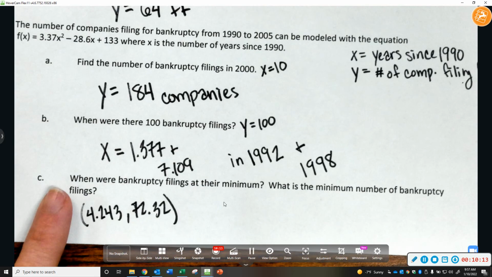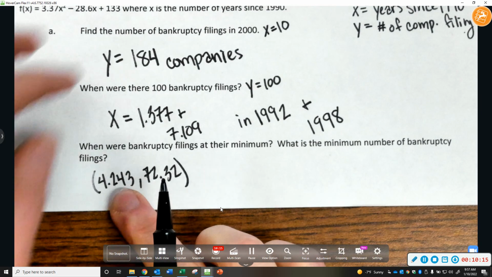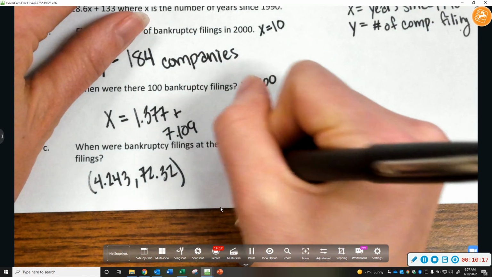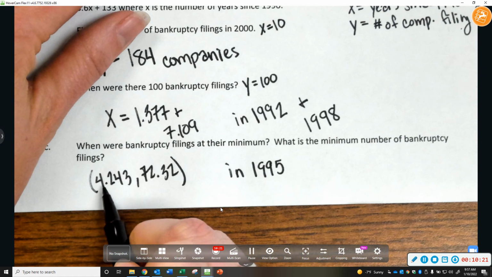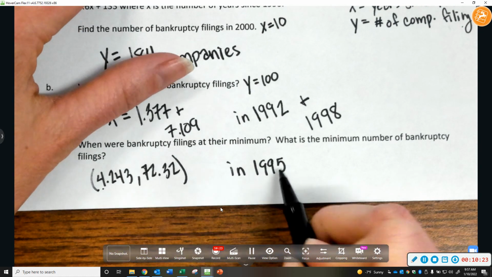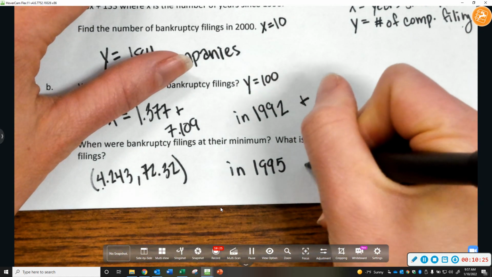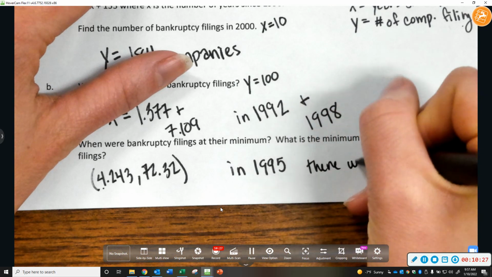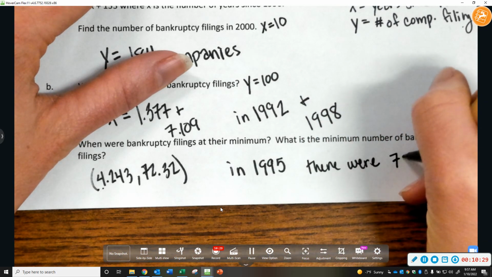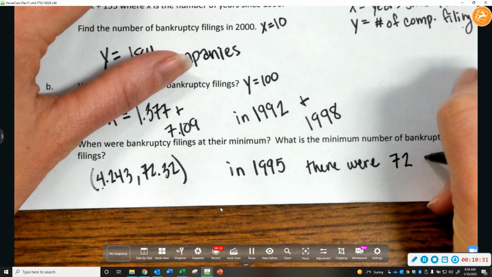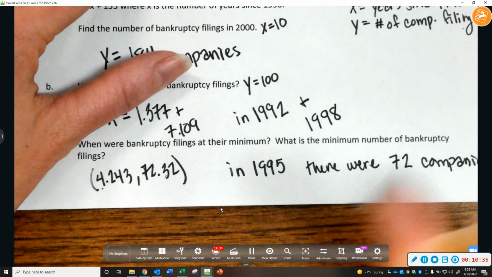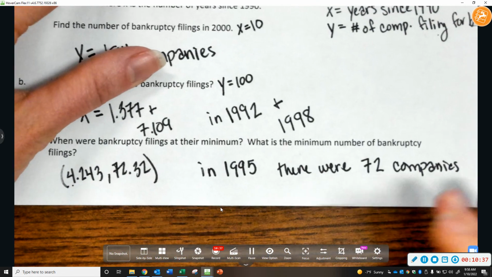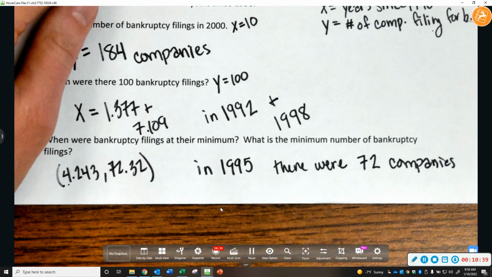So this is my years since 1990, so it was in 1995, since it's after 1994. And then there were 72 companies. I just rounded to the nearest whole number because we can't have a half of a company.